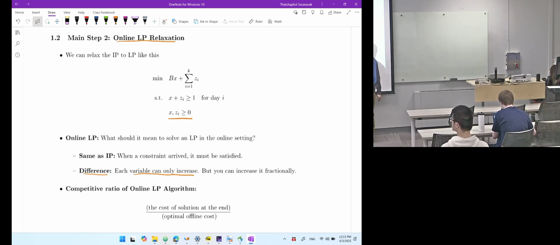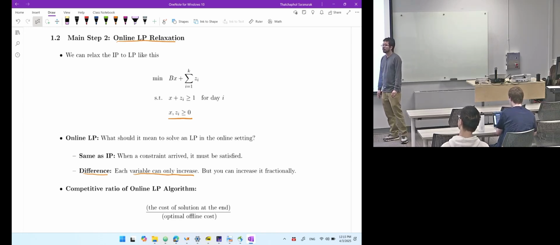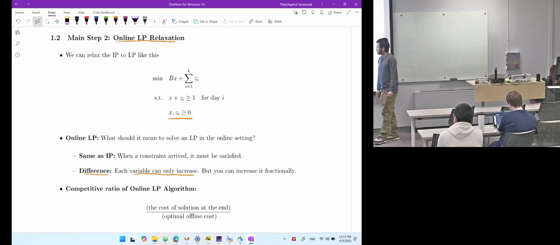But it won't be as good, because if we know how many days, then we can just develop a trivial algorithm to say, oh, I'll buy it at the beginning, or I'll just rent for this many days. Will it be better than that? So it can be fractional. So it could be better than the optimal integral solution.